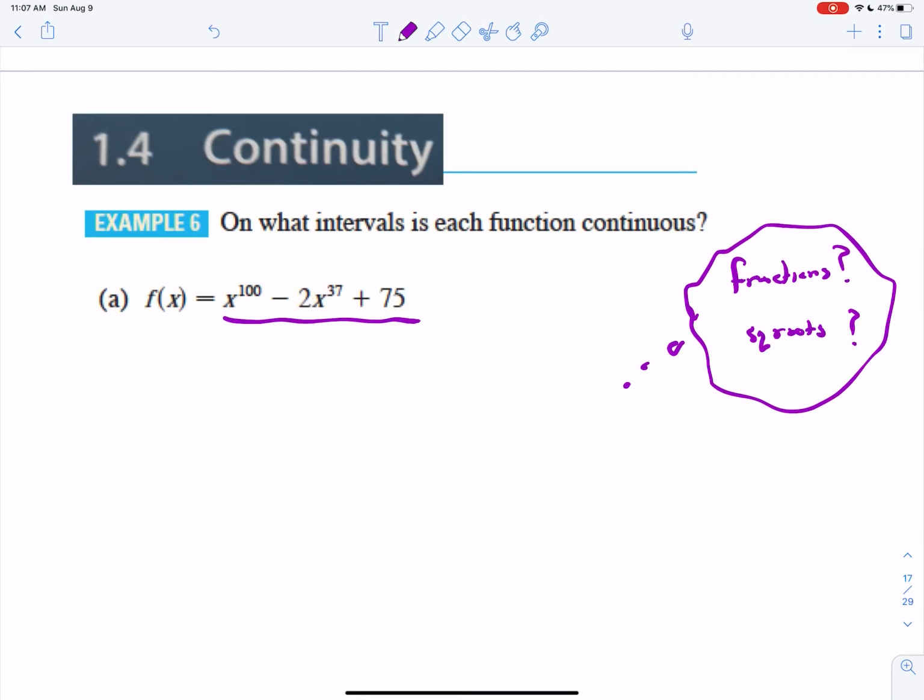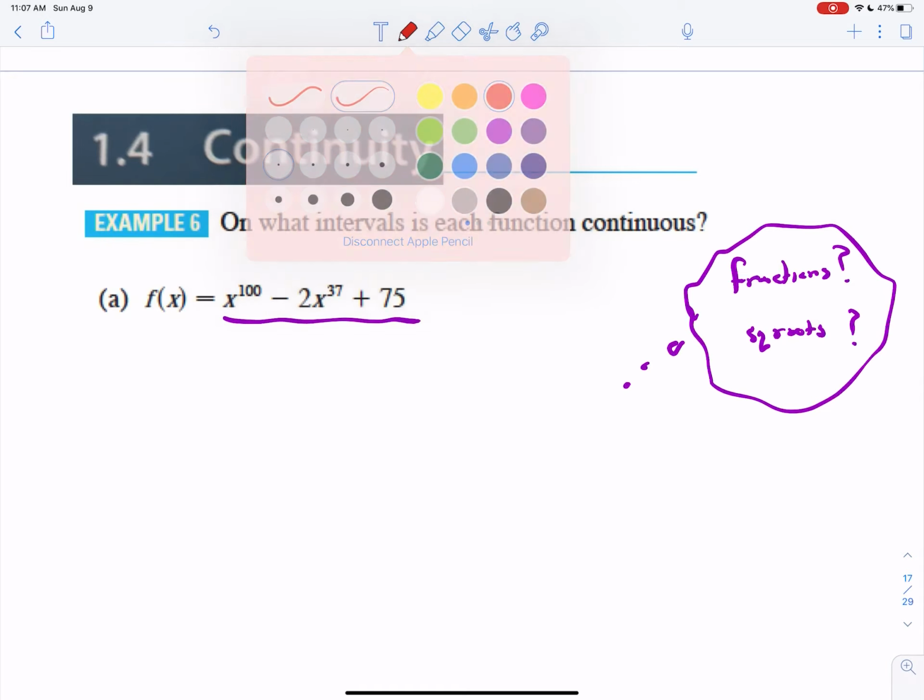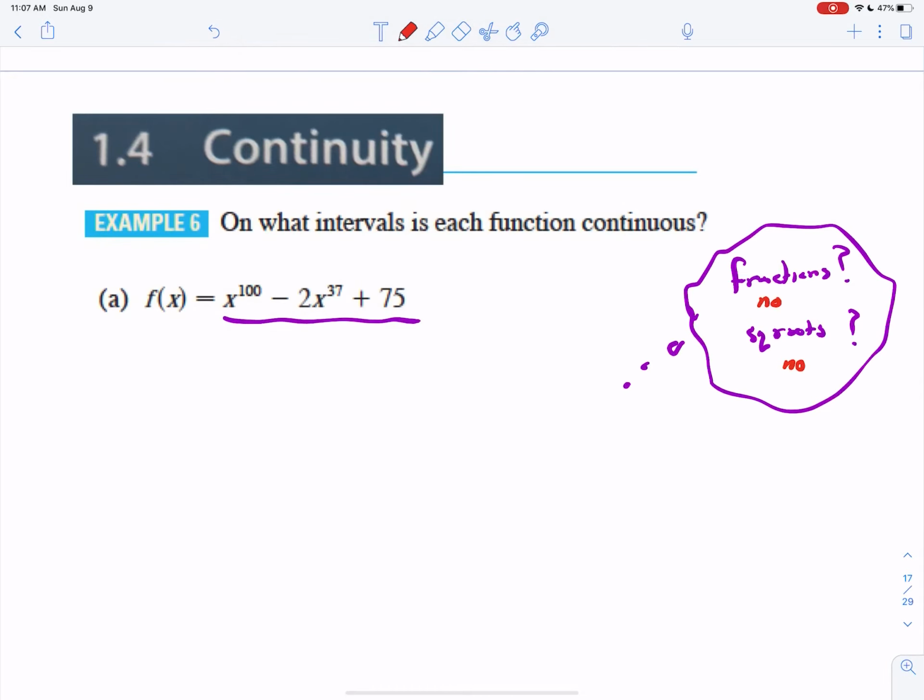Okay. Are there fractions? No, we don't have any fractions here. Are there any square roots? No, we don't have those either. So look, if you don't have any of these here, you're not going to have any restrictions. That means the domain, you could use any number you want. That's called all real numbers.